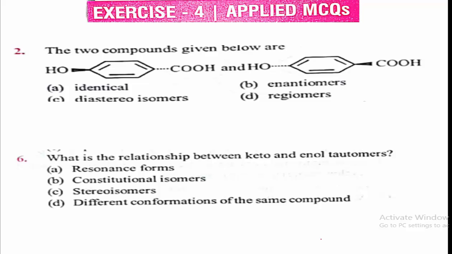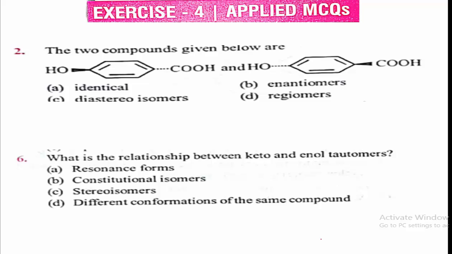Next, applied multiple choice questions, students. This is also very important. Please observe carefully, which are provided in your CET material. The compounds given below are, what are the given compounds? Identical structures, or enantiomers or diastereoisomers, what they are? Okay, students, when you observe the two given structures, they contain similar groups.